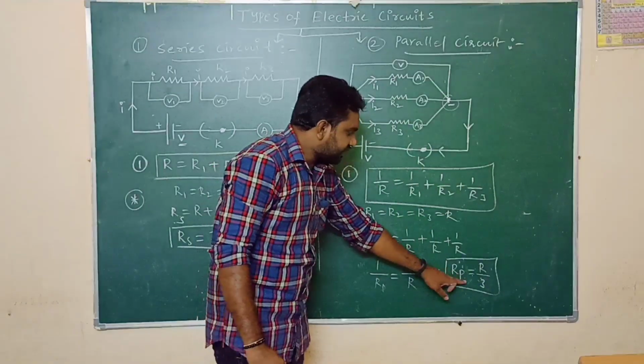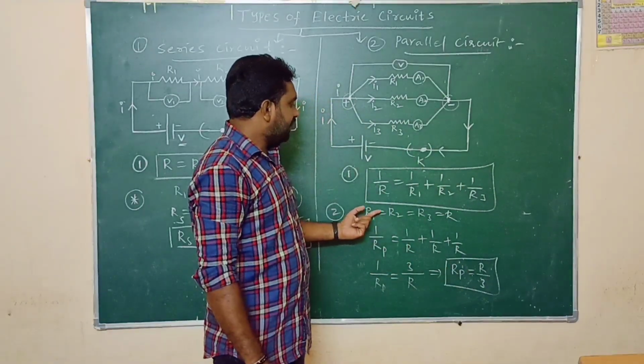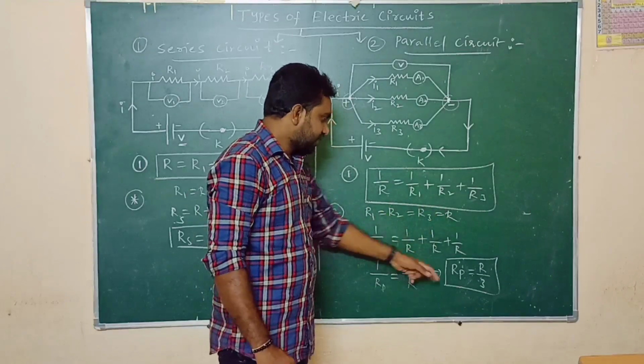This is the total resistance in parallel if all the resistors have the same resistance. So that is the principle.